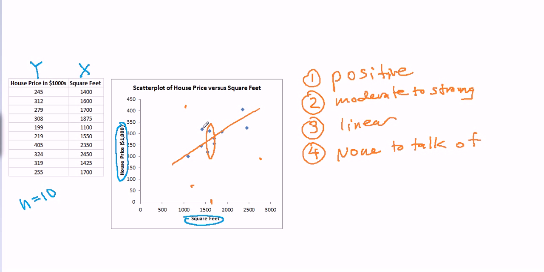So just because two houses are the same exact square feet, that doesn't mean they're going to sell for the same amount, right? Obviously, there's going to be other factors that are going to play a role into determining the price of a house. We're only considering one of those factors, the variable square feet. So we are not surprised to see that there's variability at any particular X value. Okay, it is, after all, a scatter plot.